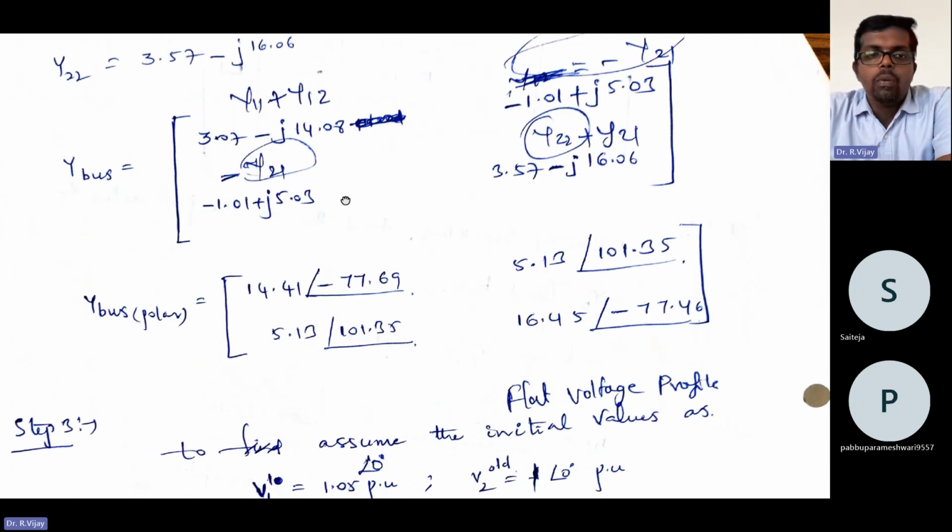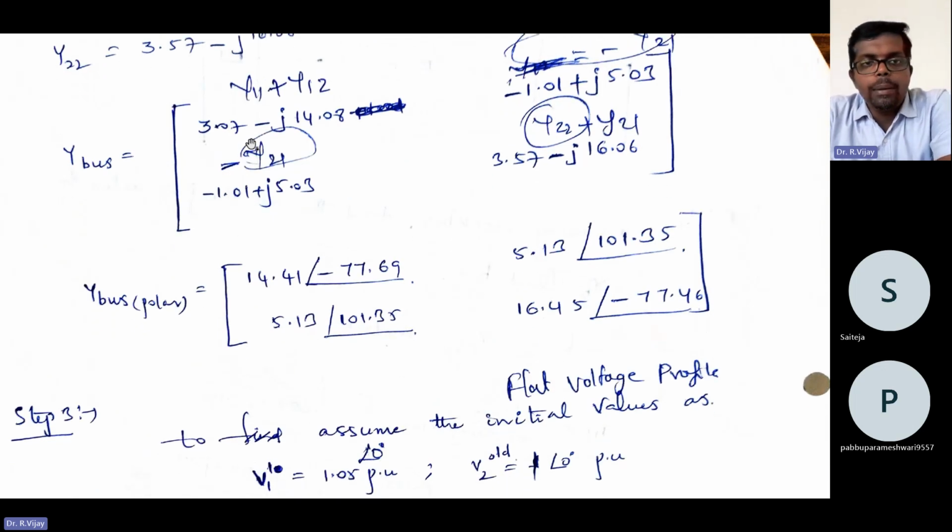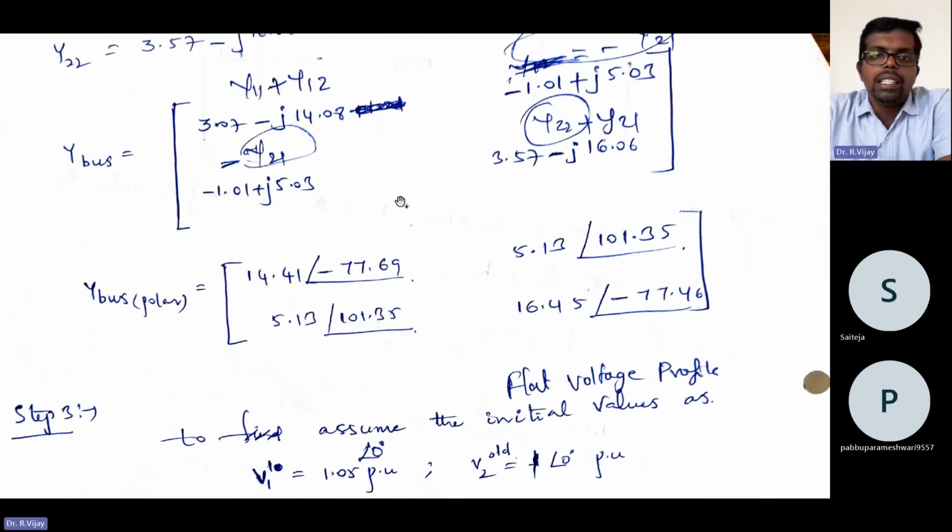Next step, I am converting this complex format into polar format, that is the magnitude and the phase angle. In the scientific calculator you just type this complex number and find out the angle for it.